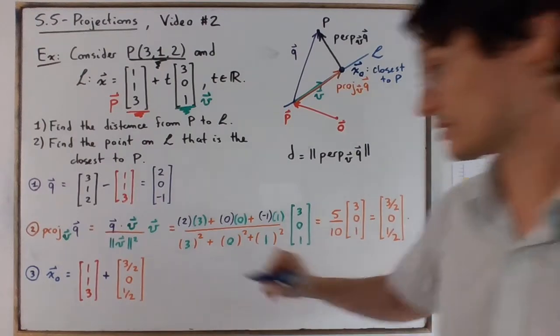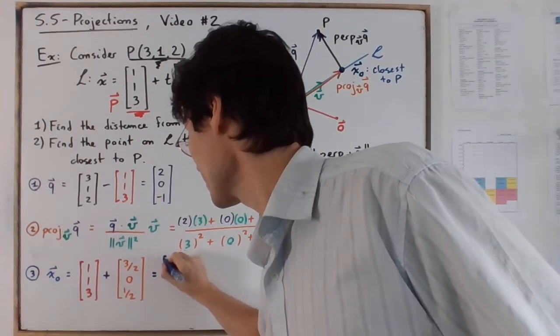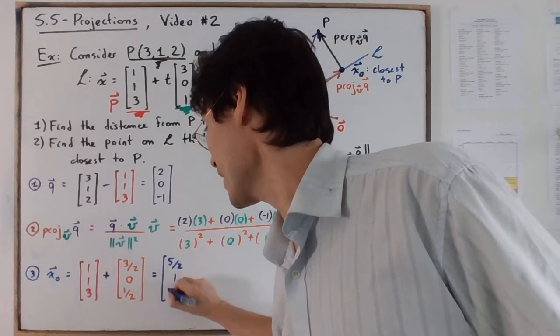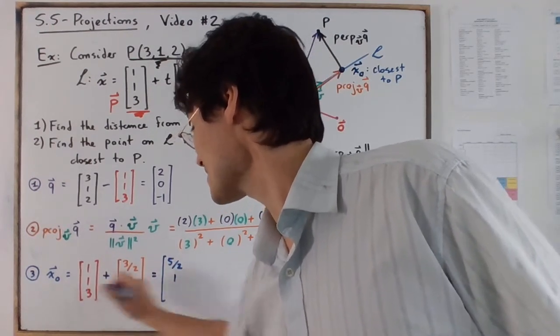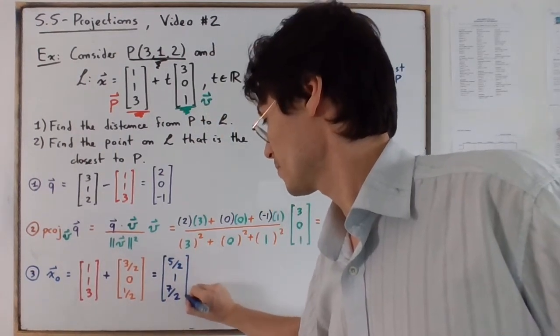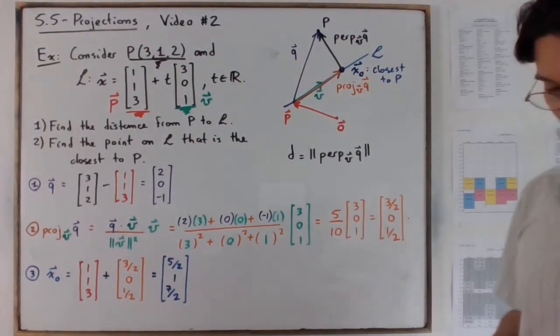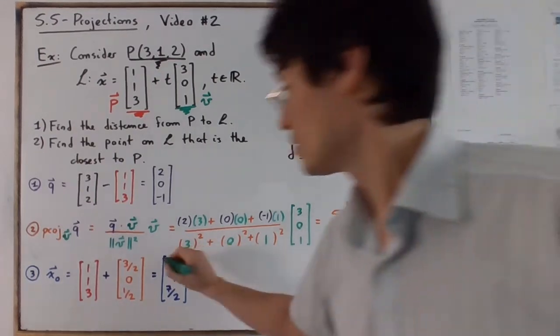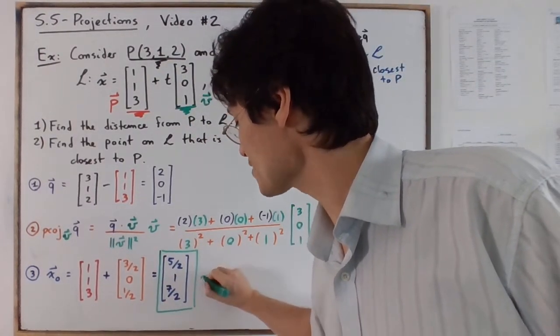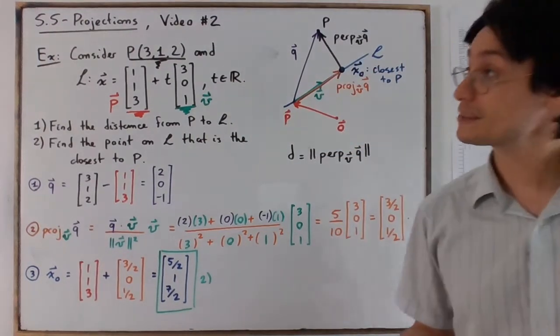So as a result, the closest point is going to give us 5/2, 1, and now this is 6/2, so we're going to have here 7/2. So this is the answer to question 2, right?